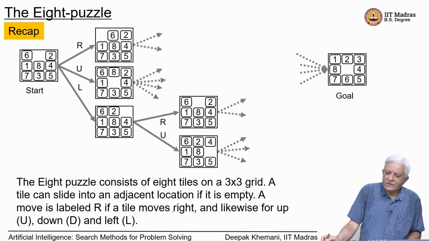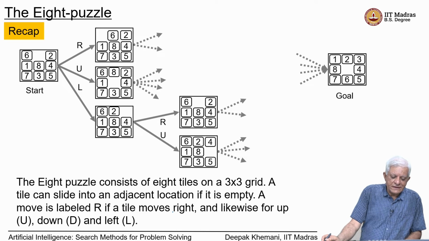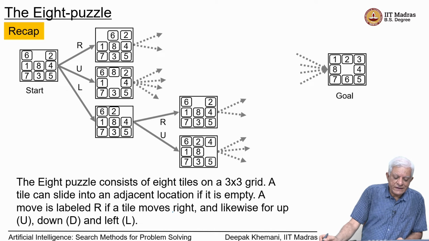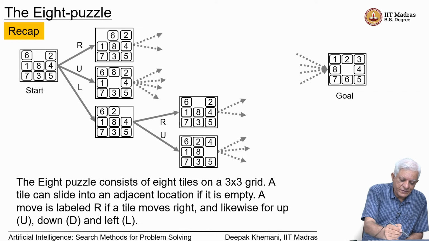So, let us look at how we define heuristic functions essentially. This is a problem that we had seen earlier, the 8 puzzle. If you recall, in the start node there is a blank at the top, and either the 2 can be moved to the left, or 6 can be moved to the right, or 8 can be moved up essentially.